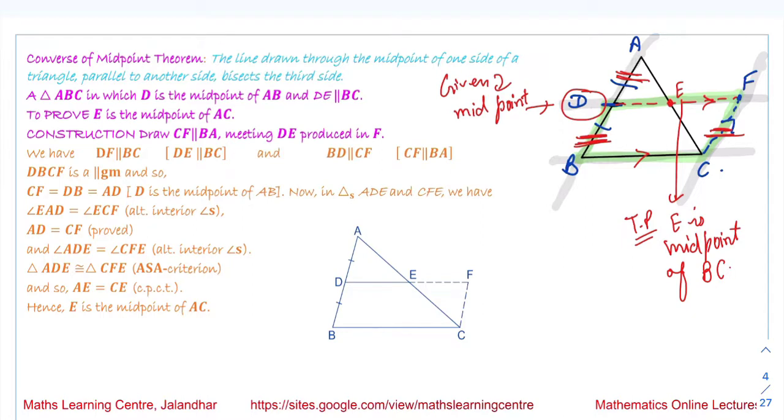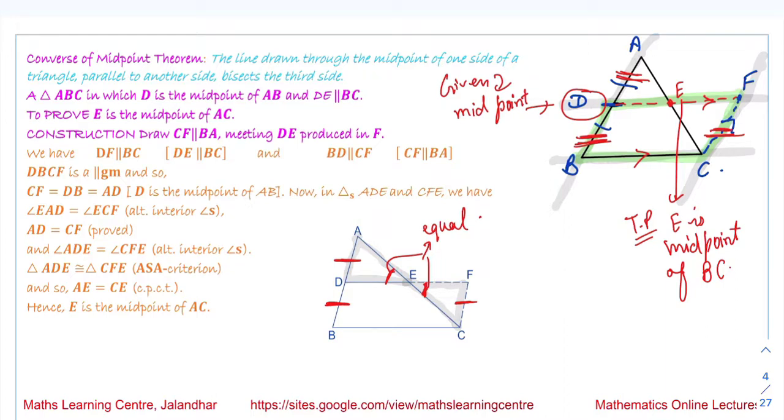Again, if we look at these two triangles, ADE and ECF, this angle at E, these two angles are equal. We have proved that this side is equal to this. These three sides AD, DB and FC are equal to each other.